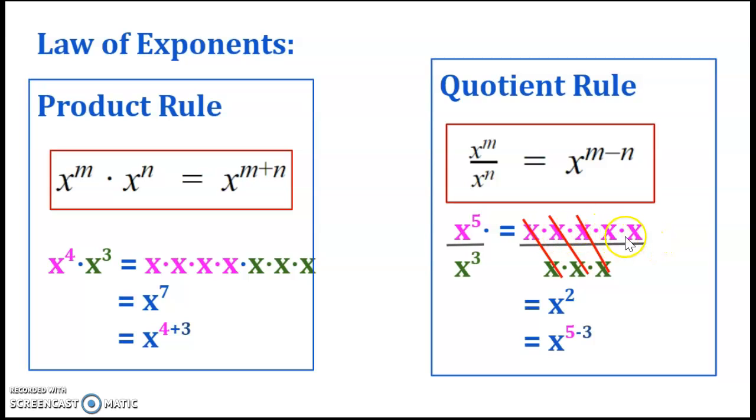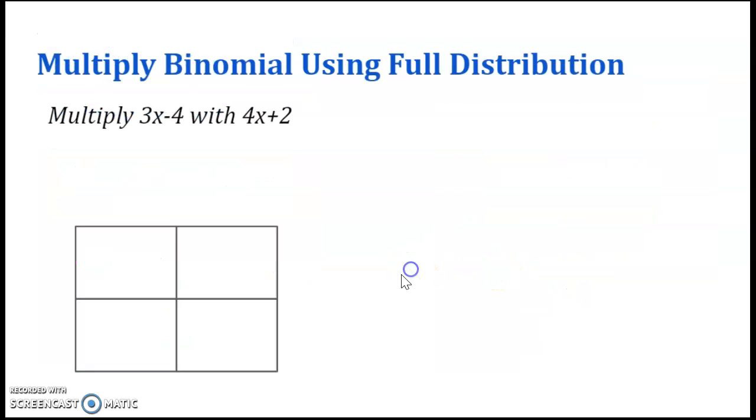So you're left with x squared right here, which is the same as subtracting the exponents. So it becomes 5 minus 3. When the bases are the same and you're dividing one exponent by another, you just need to subtract the exponents. So it becomes 5 minus 3. And that is because you can cancel out your giant ones.